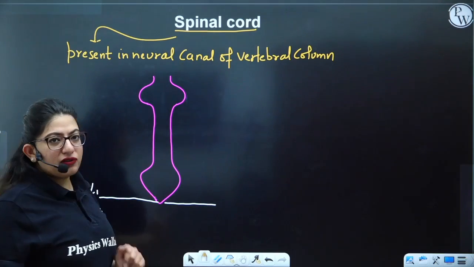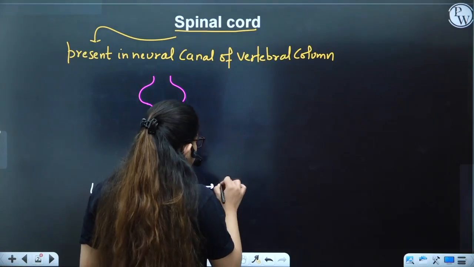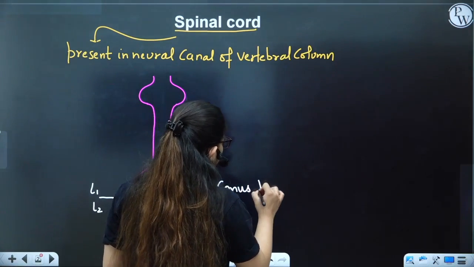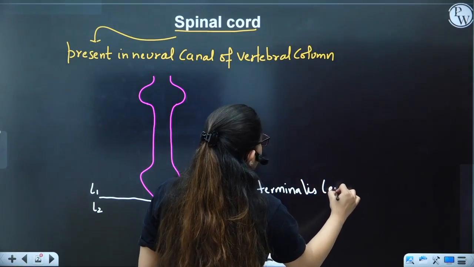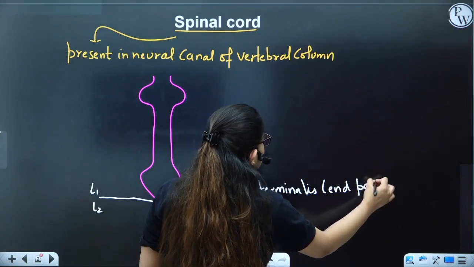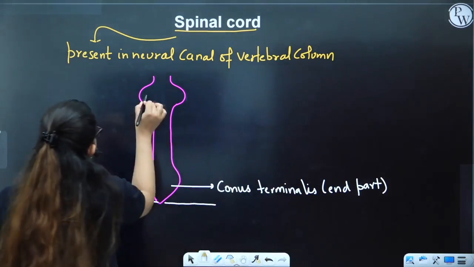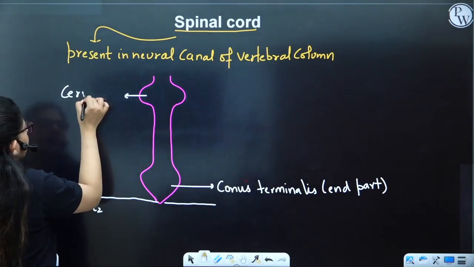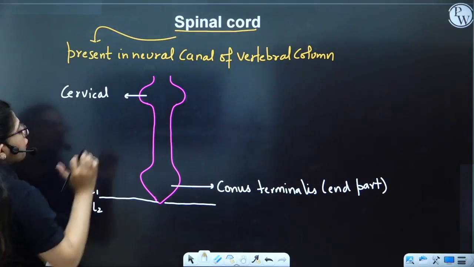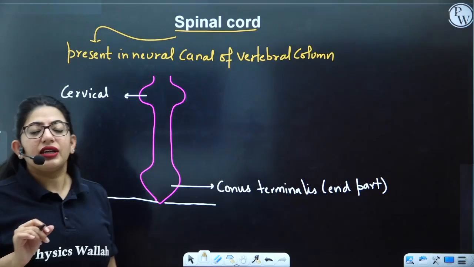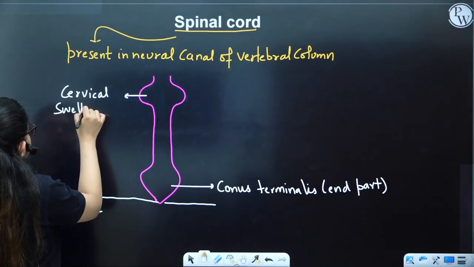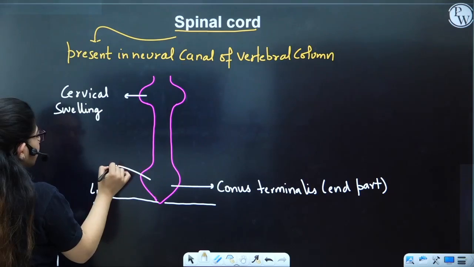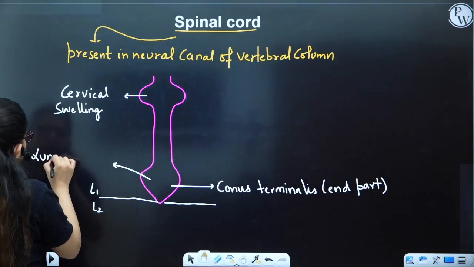So the end part of spinal cord is known as conus terminalis. Conus terminalis. So if someone asks you what is the end part of spinal cord, you will say conus terminalis. Okay. So this is the swelling, which is a cervical swelling, because it is the portion of spinal cord that is present near the cervical vertebra. So this is cervical swelling, and this is the lumbar swelling.